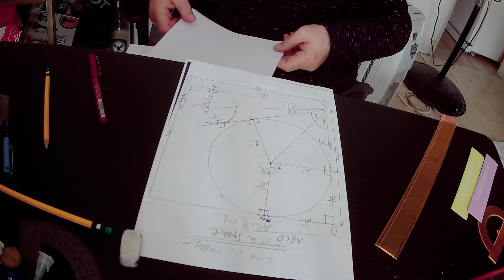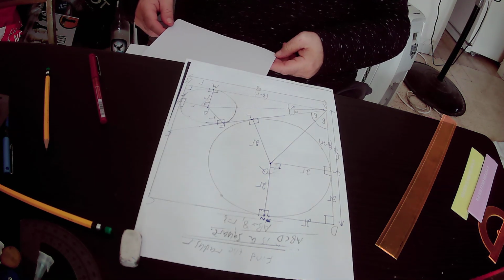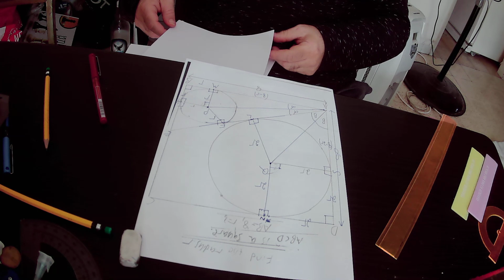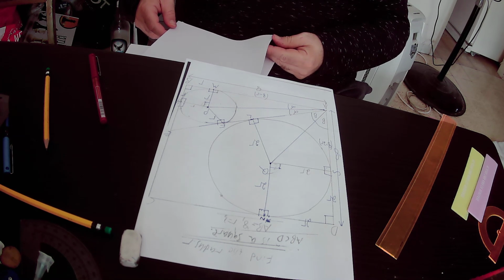Rule number one states that a tangent to a circle is perpendicular to the radius drawn to its point of tangency.